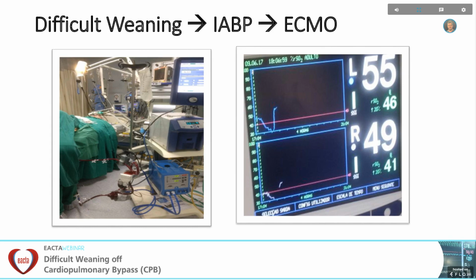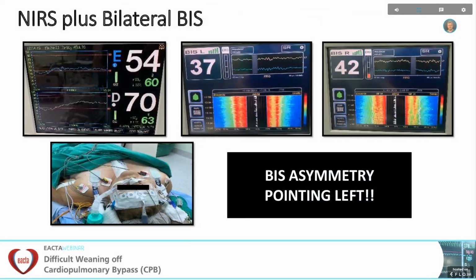We can use NIRS plus bilateral BIS. We can use these monitors of cerebral electroencephalographic patterns, okay, and together with NIRS, we have great information for weaning CPB. Here I show the BIS asymmetry.